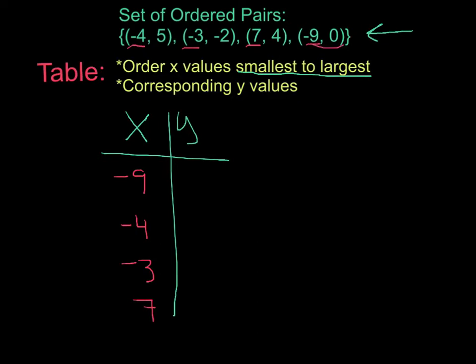Negative 9 matches with 0. Negative 4 matches up with 5. Negative 3 matches up with negative 2. And 7 matches up with 4. So here we have an XY table that shows this relation, this set of ordered pairs.